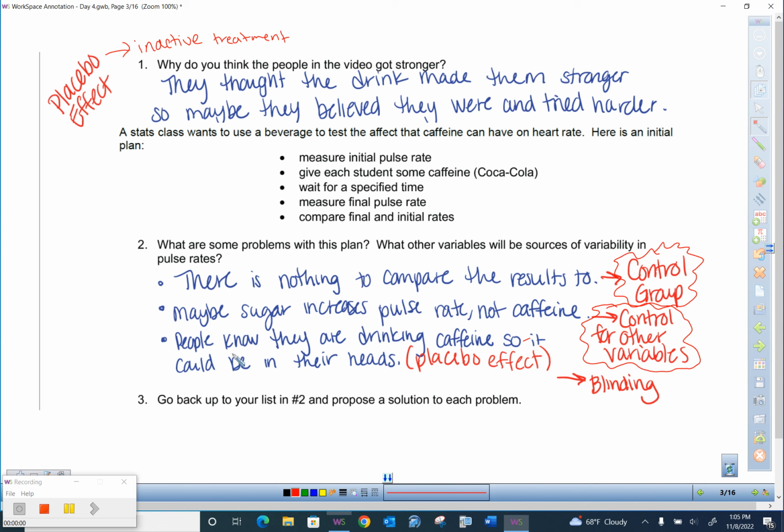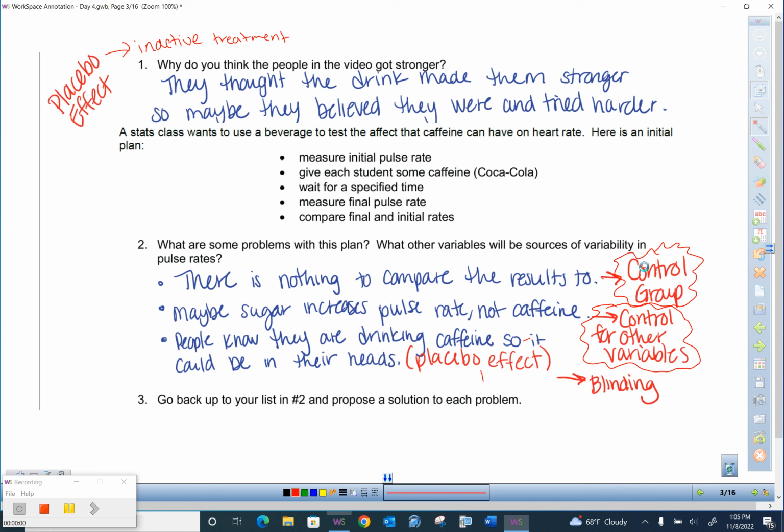If you went to the ACT prep course, you knew that you were taking the ACT prep course. But in this case, we could take off the labels or cover up the labels for the caffeinated soda and the non-caffeinated soda. We could think about that so they don't know if they're drinking caffeine or not. That's really part of how we fix some of these issues.